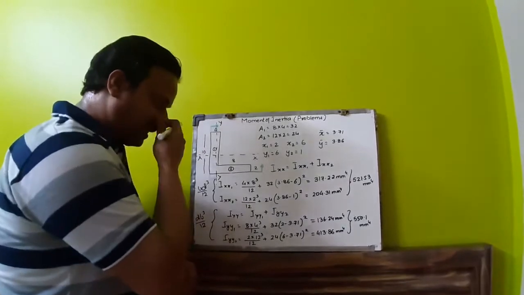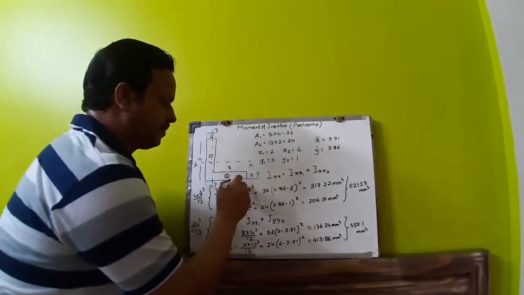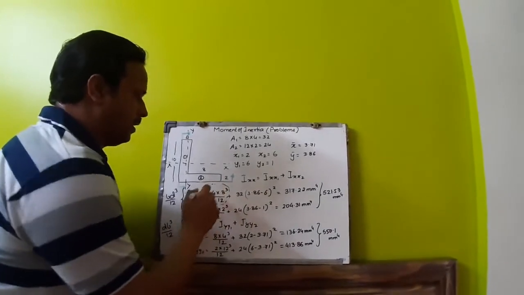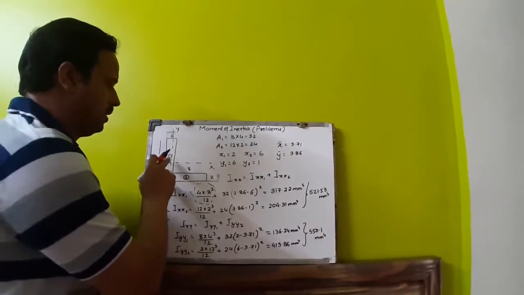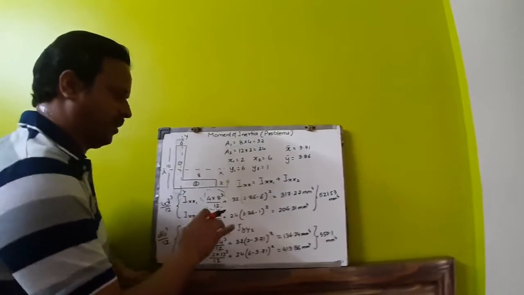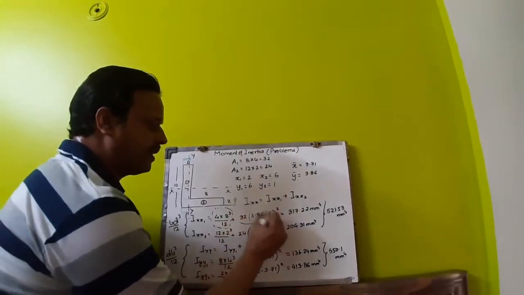So if you look at Ixx1, this is BD cube by 12. So this is the moment of inertia of body 1 about its own centroidal axis. This you can find out, plus AH square. Why has this AH square been added into the problem?